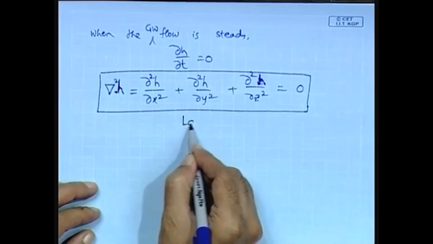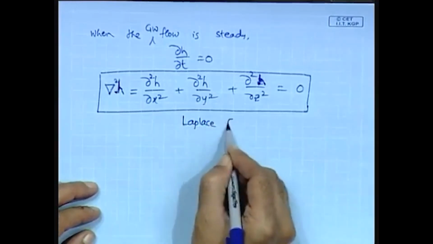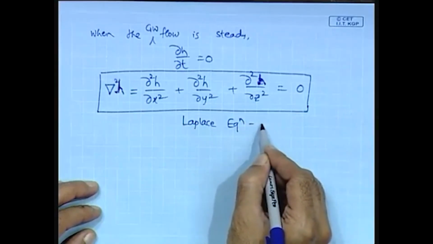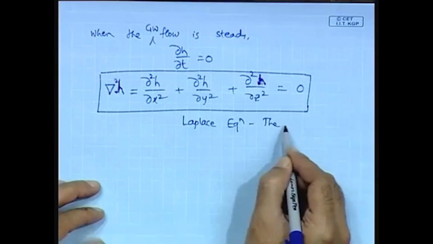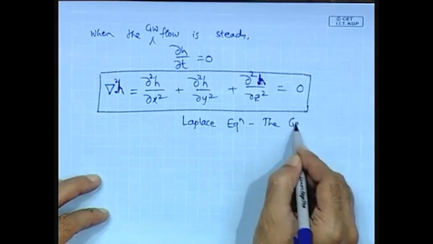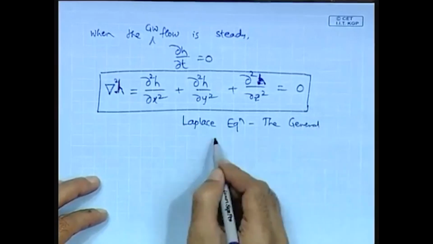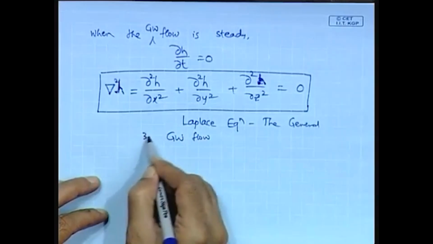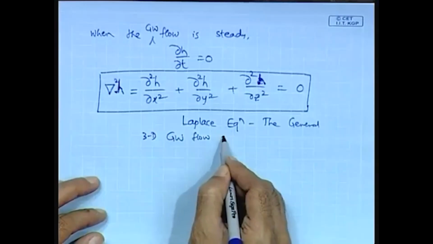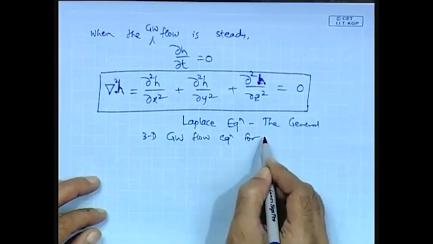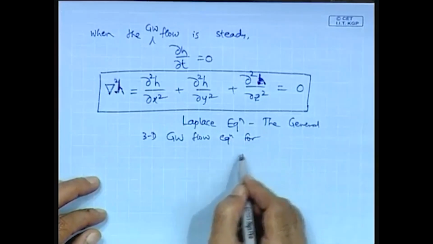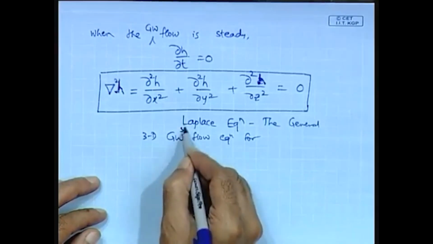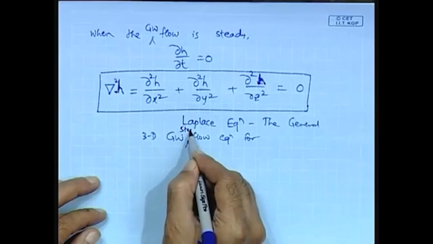So, this is the famous Laplace equation, and this is the general three-dimensional steady groundwater flow equation for an isotropic aquifer.